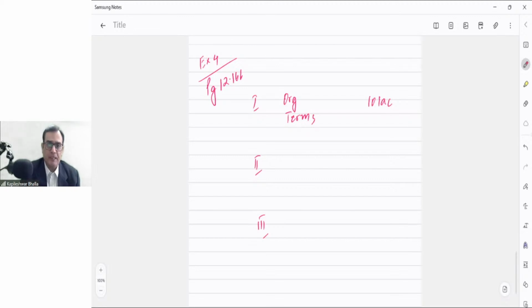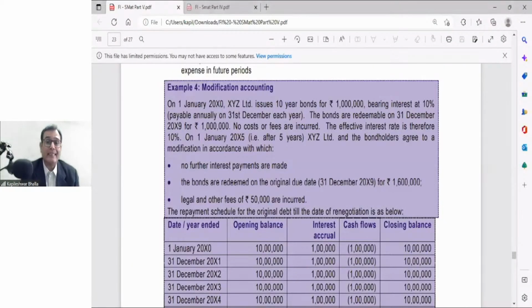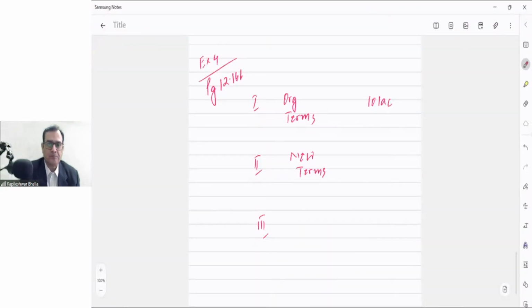And based on the new terms, the new term says that there will be no interest payment, though the principal will be repaid at the end of the same maturity date. So after another 5 years, 16 lakhs is supposed to be paid. So we're going to consider the discounting of 16 lakhs at 10% at 5th year end.